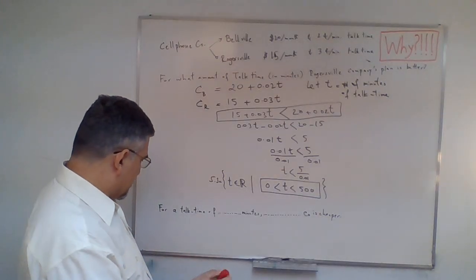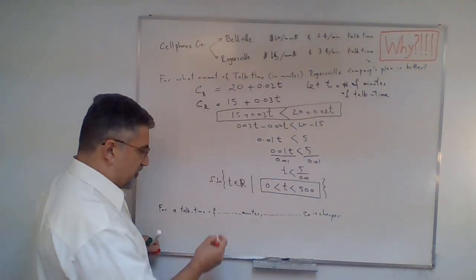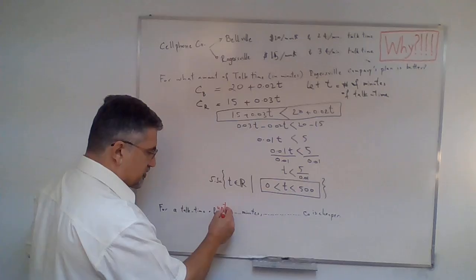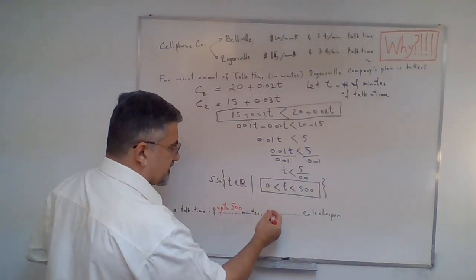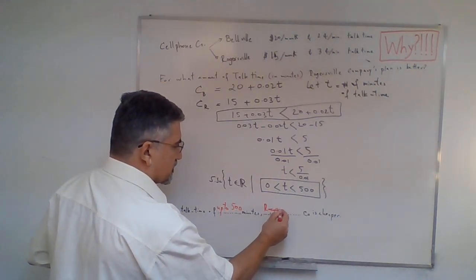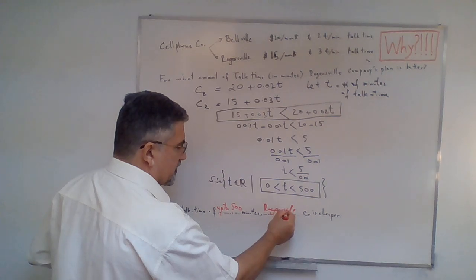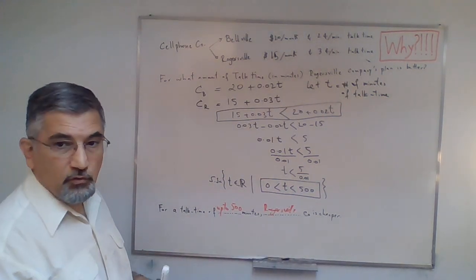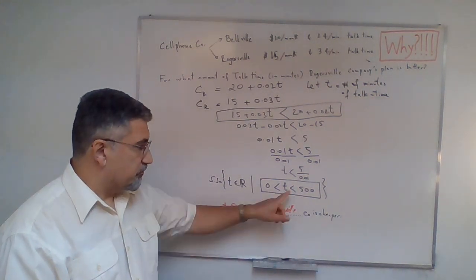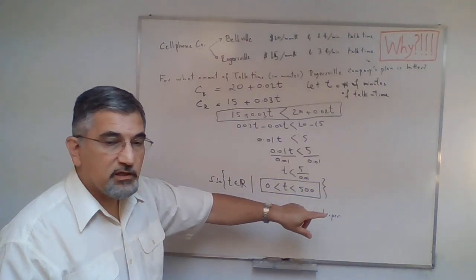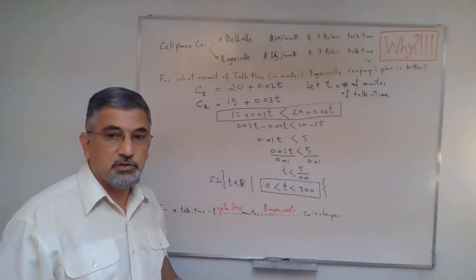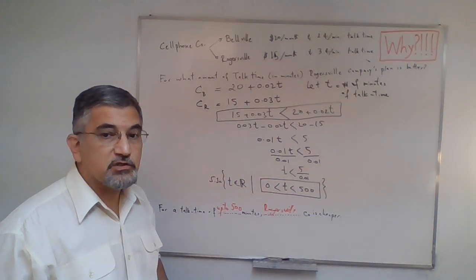So for a talk time of up to 500 minutes, the Rogersville company is cheaper. But if you're talking more than 500, then the other company would be more economical.